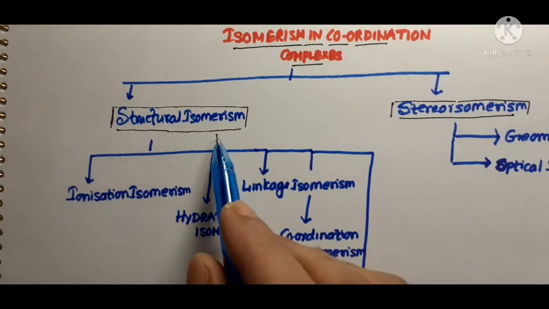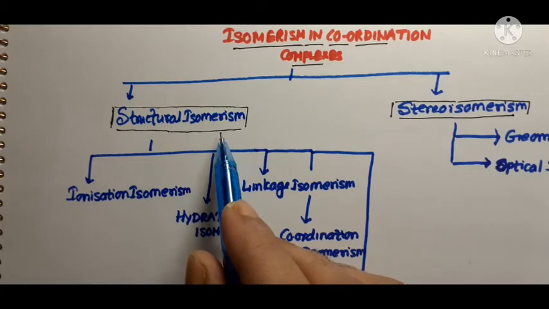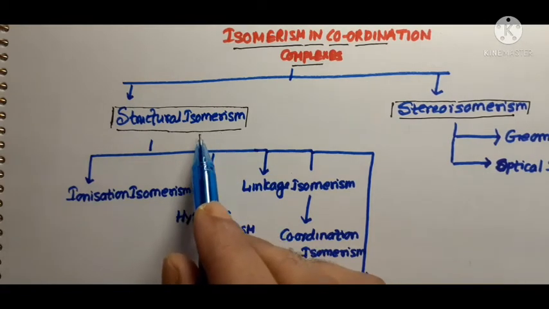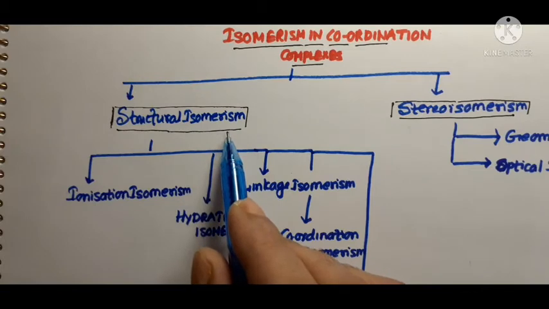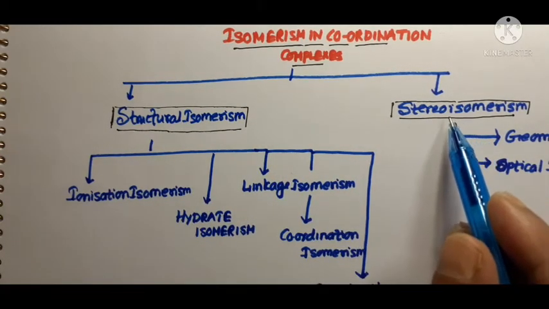Generally, coordination complexes have a tendency to show two different types of isomerism, one of which is structural isomerism and the other is stereoisomerism.